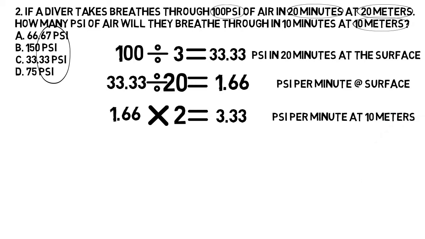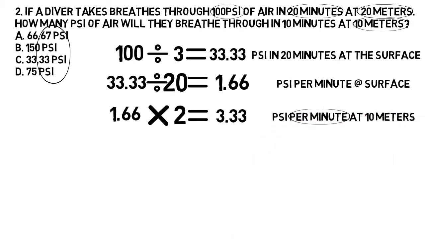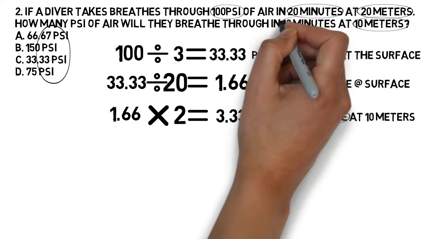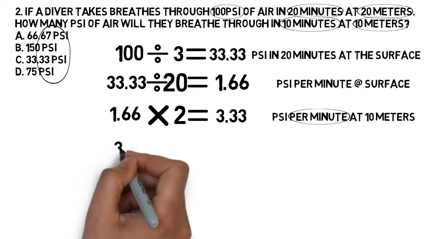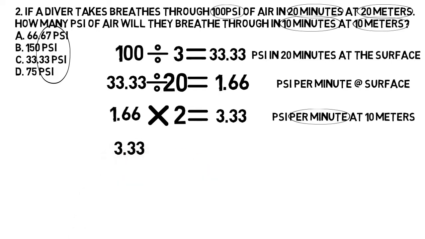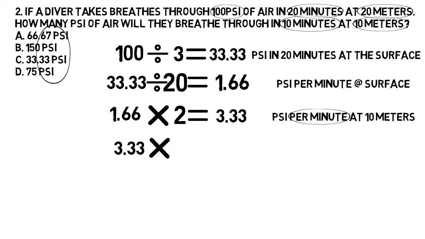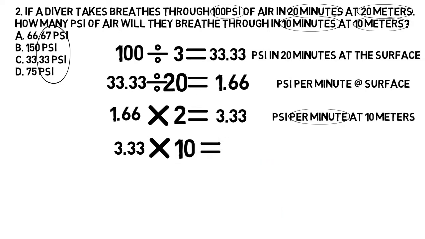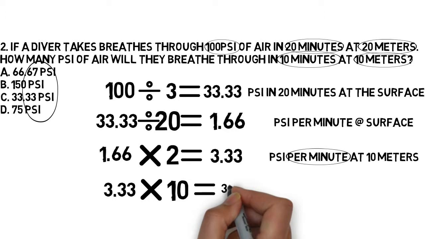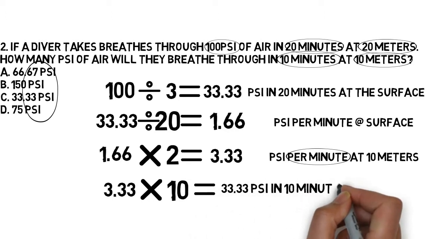And the final thing I need to do is work out how many psi I will breathe through in 10 minutes at 10 meters. So I need to take my 3.33 psi and multiply by 10 to convert from the per minute rate to the 10 minutes. And that gives me, amazingly enough, the same answer, 33.33 psi.